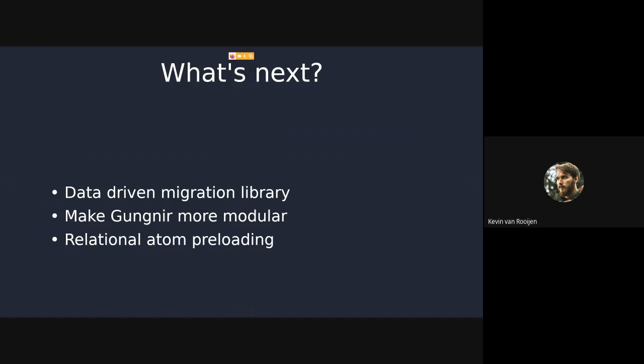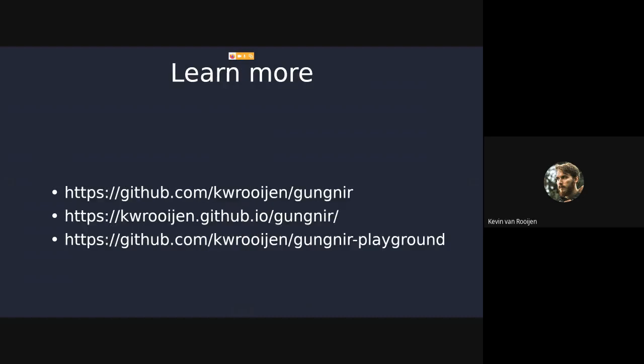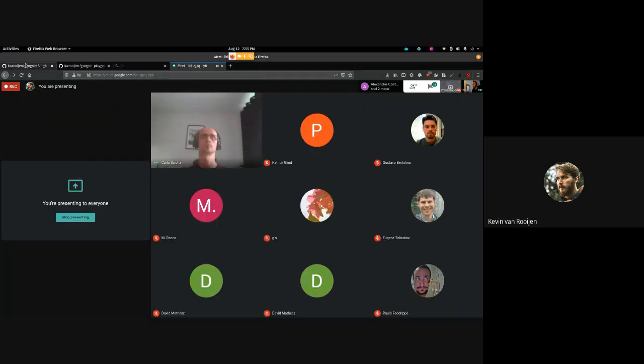And so a relation atom preloading feature would be nice to build up the query before you get the initial records, and then it would just create a join to fetch any relational data that you're interested in, just to improve performance.